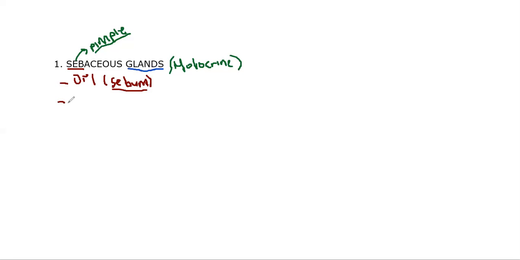And then one other thing that you have to know about sebaceous glands is that they are only active during puberty. Meaning that when you are young, when you're still a child, your sebaceous glands are there, but they are not active.